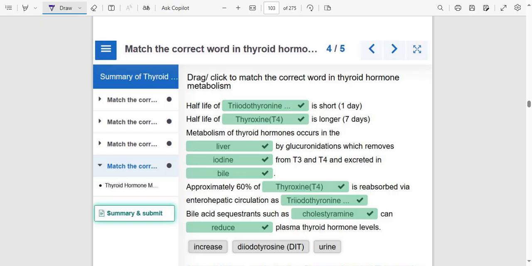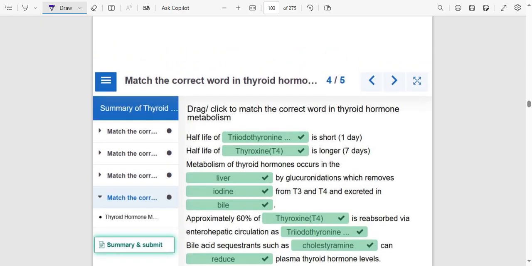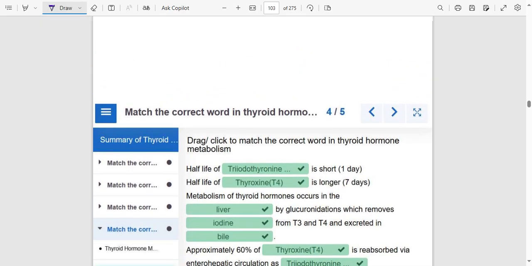Approximately 60% of T4 is reabsorbed via enterohepatic circulation, and it is reabsorbed as T3, triiodothyronine. Bile acid sequestrants such as cholestyramine can reduce plasma thyroid hormone levels. This one we did talk about. Would someone describe a bit again how the bile acid sequestrants work, the mechanism of action?